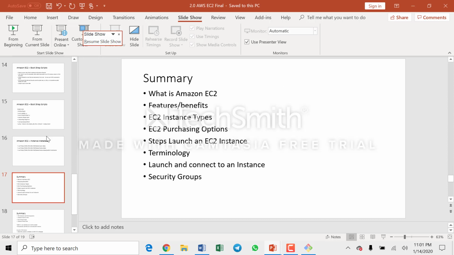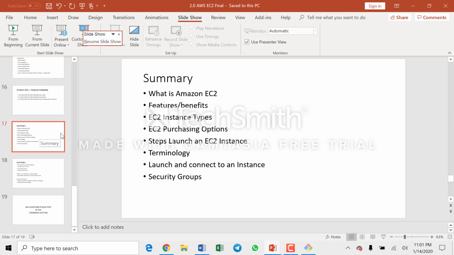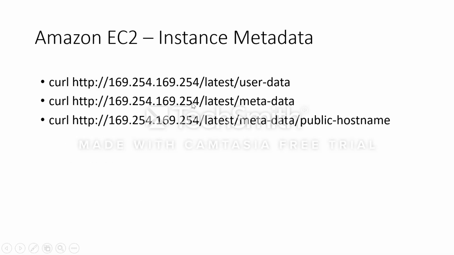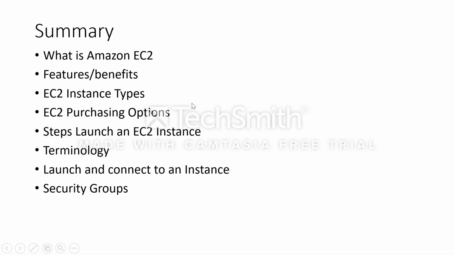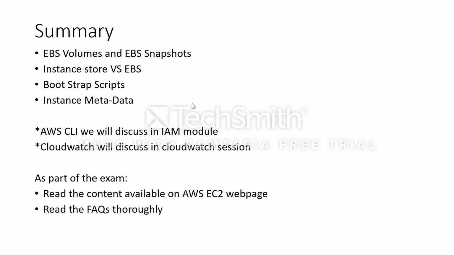That's it, guys. Till now we have seen what Amazon EC2 is, features, benefits, instance types, purchasing options, steps to launch an EC2 instance, some terminology, launch and connect to an instance, security groups, volume snapshots, instance store versus EBS, bootstrap scripts, instance metadata.